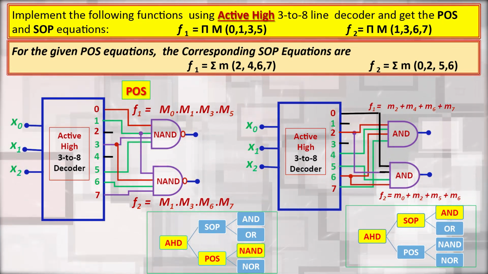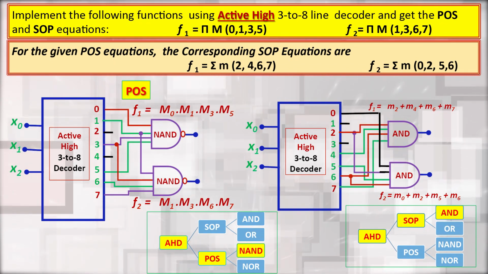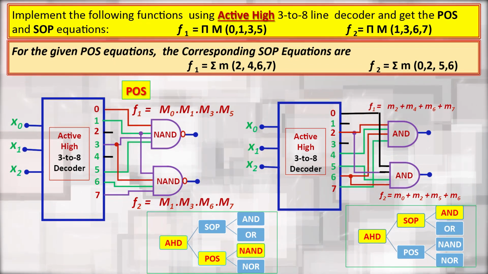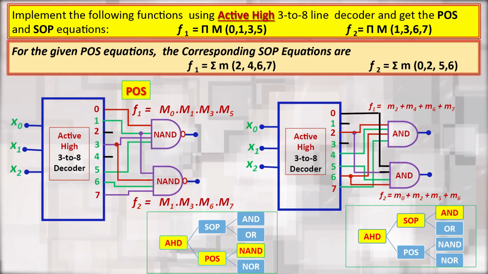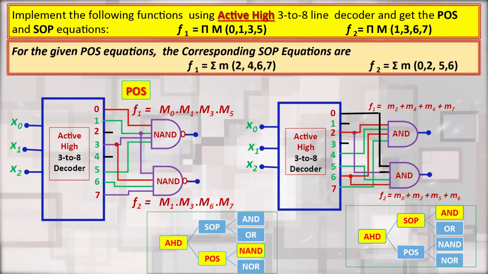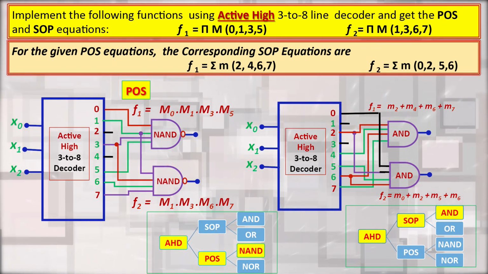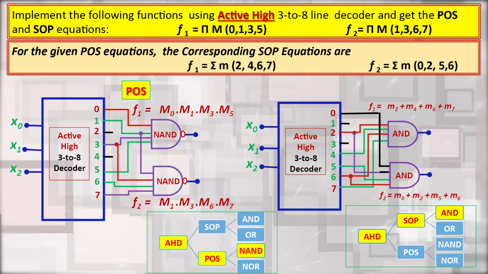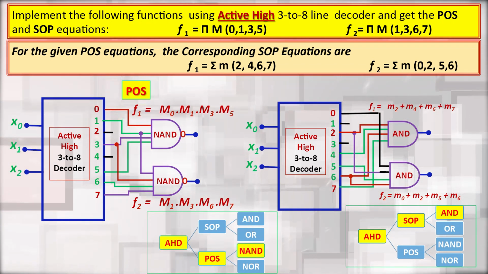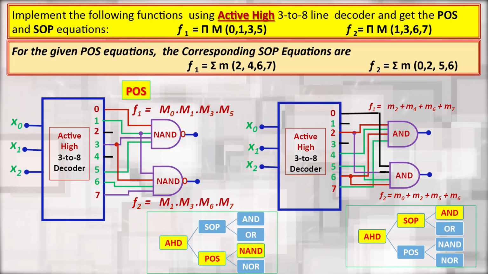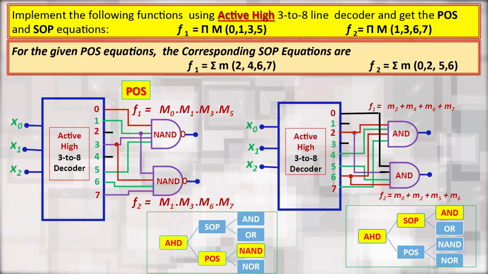For active high and POS, we have the options of NAND gate or NOR gate. So, we will make use of NAND gates and connect the outputs 0, 1, 3, 5 to the first NAND gate and the outputs 1, 3, 6, 7 to the second NAND gate to realize the POS equation.